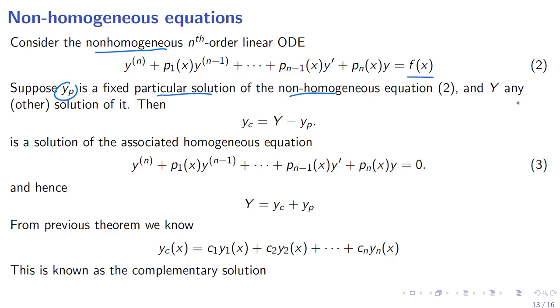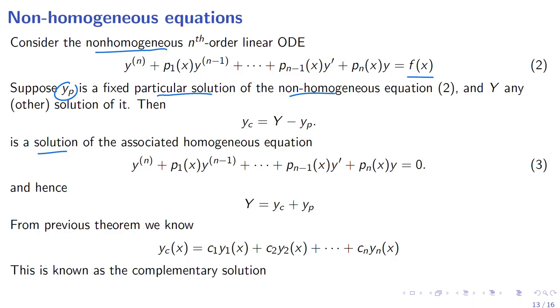And y is any other solution of it. Then if we look at yc, which is y minus yp, we can show that this is a solution of the associated homogeneous equation.